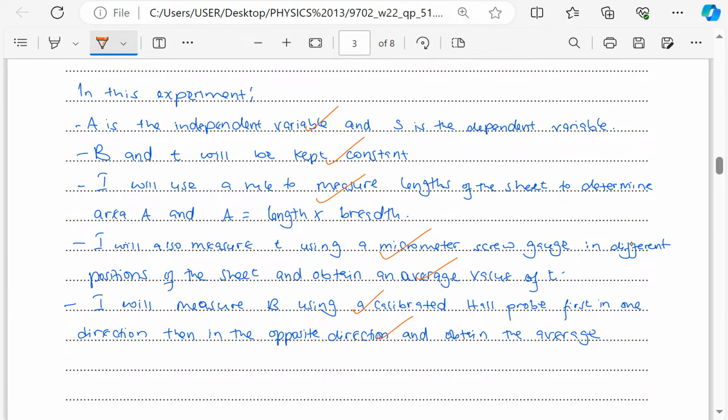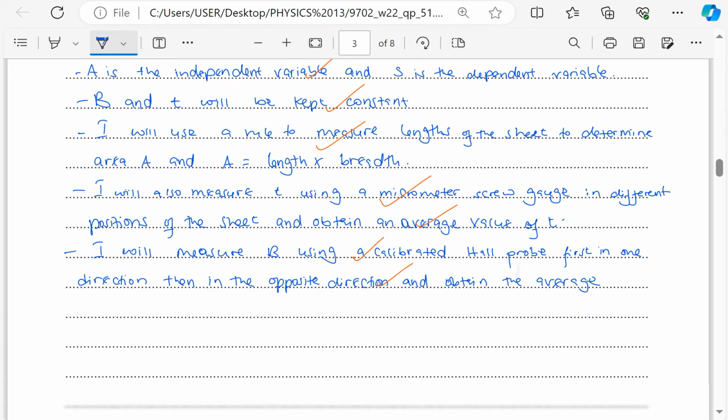Every time I use a Hall probe, I measure first in one direction, then in the opposite direction, and obtain the average. Every time I take a small measurement such as thickness using a micrometer screw gauge for any object, I would prefer to take measurements in different positions of the object and obtain the average value. So I have about 7 marks without even drawing a diagram.